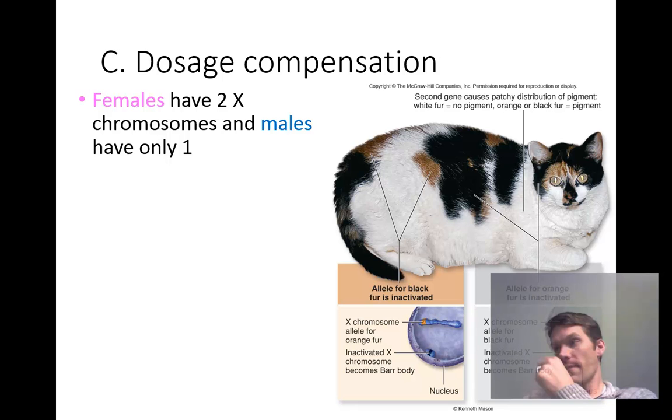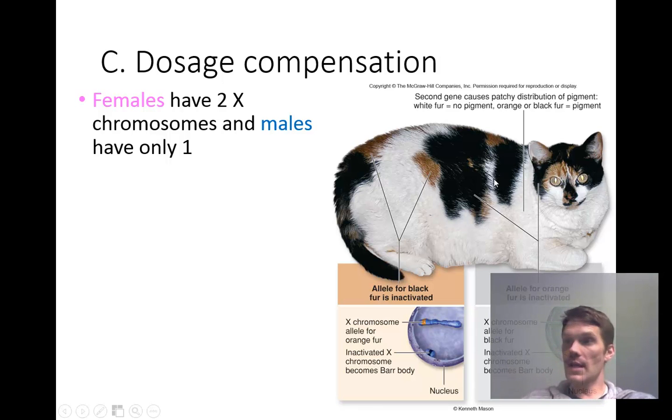Another phenomenon with the X chromosome is called dosage compensation. What happens is females have two X chromosomes, but usually one of them is inactivated. And if the two X chromosomes have different alleles, and because this is done at random, this will give different expression in different parts of the body.